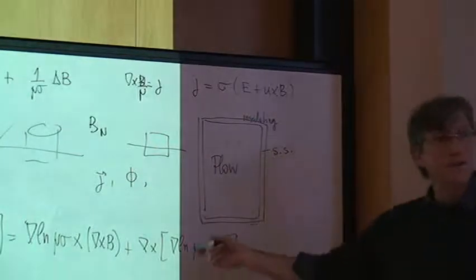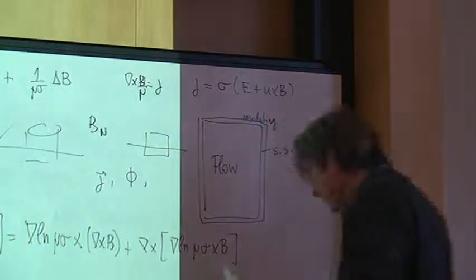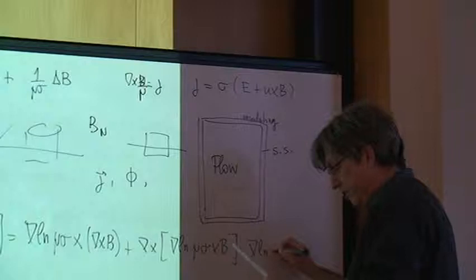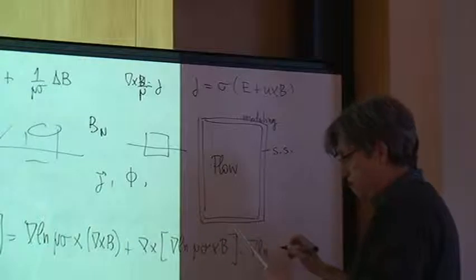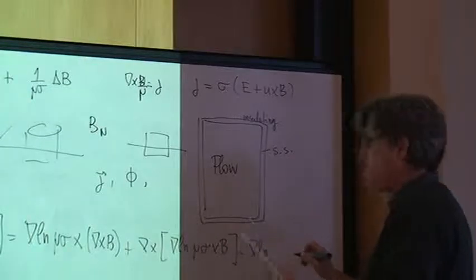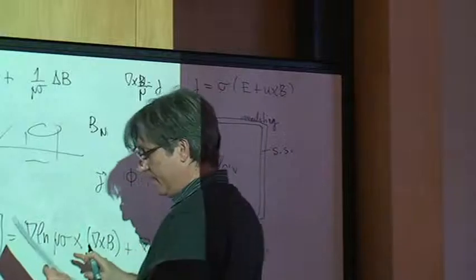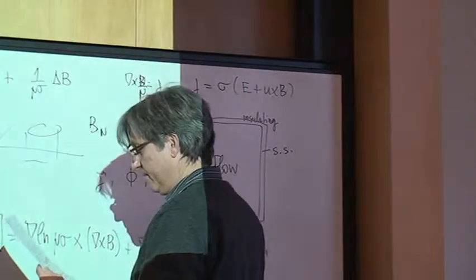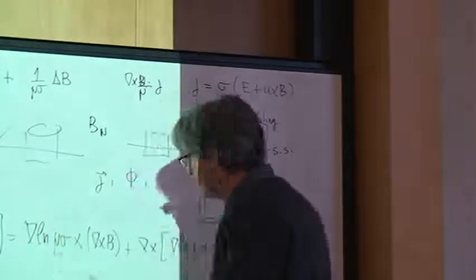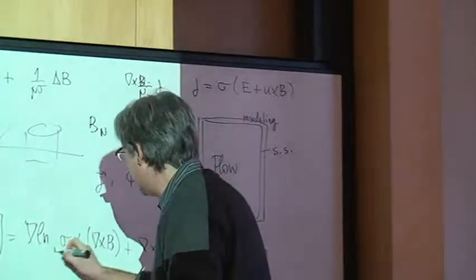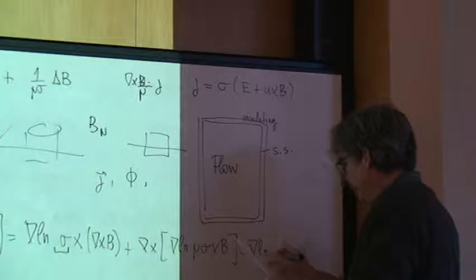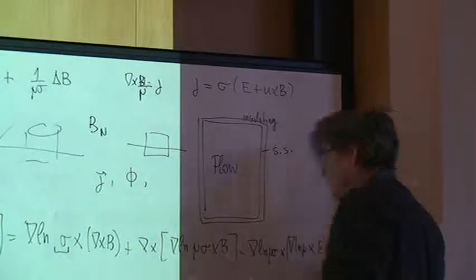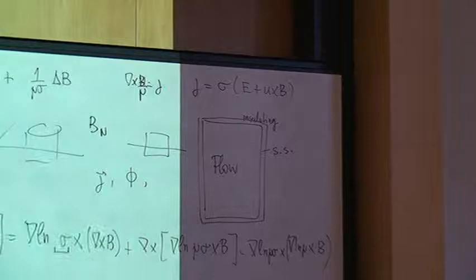It says that the log of mu is some sort of velocity minus the gradient of the log, well, the first one is the gradient of, I think it's only sigma. Log of mu sigma times the gradient of the log of mu cross B. Anyway, that's what I got this morning.